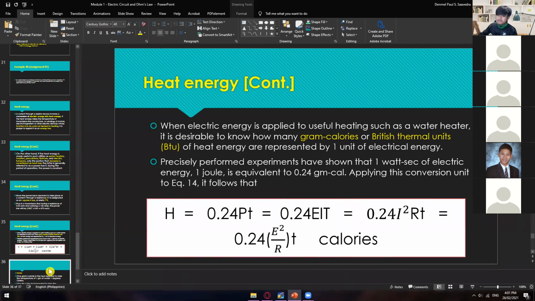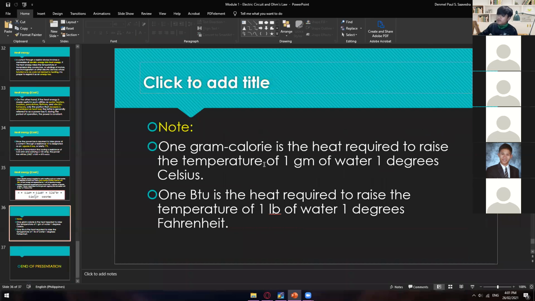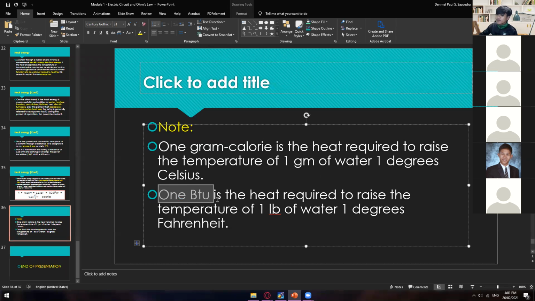All right. Just take note that 1 gram calorie is the heat required to raise the temperature of 1 gram of water by 1 degree Celsius. That is 1:1. And 1 BTU is the heat required to raise the temperature of 1 pound of water by 1 degree Fahrenheit.